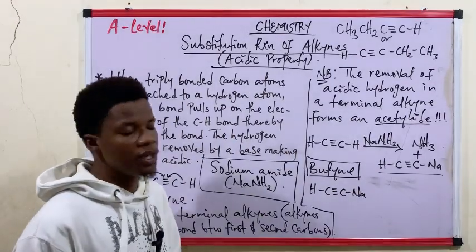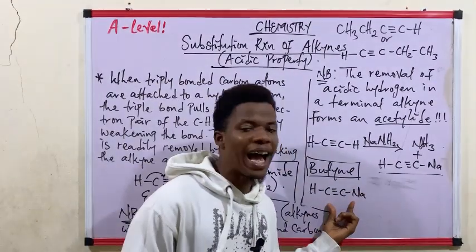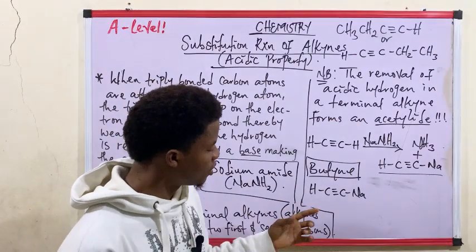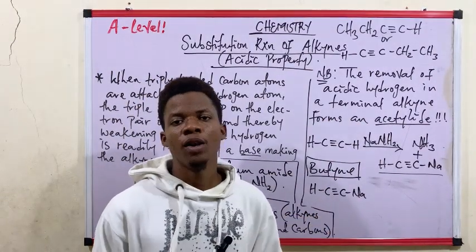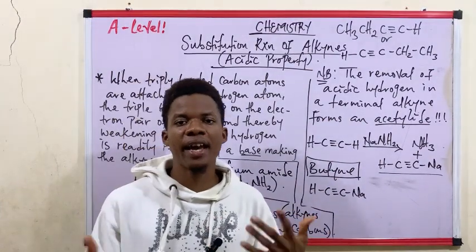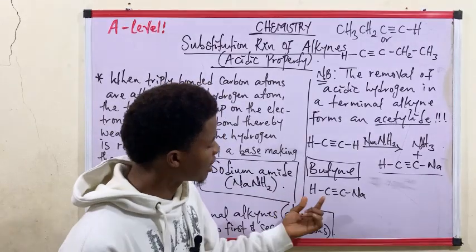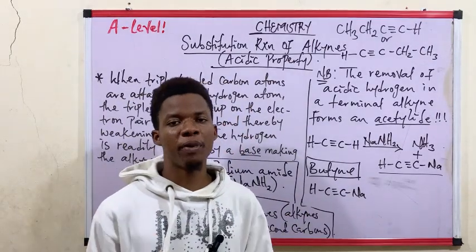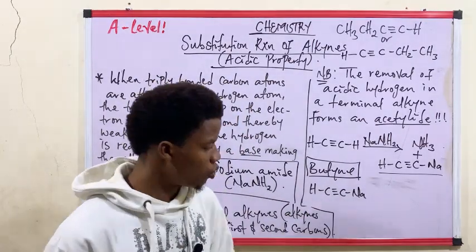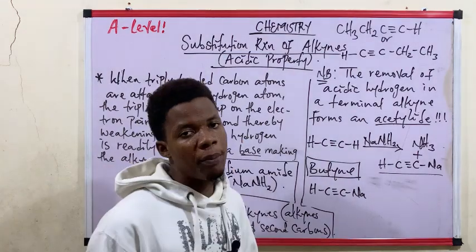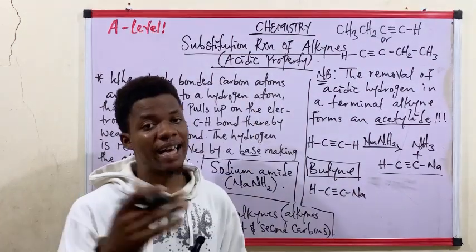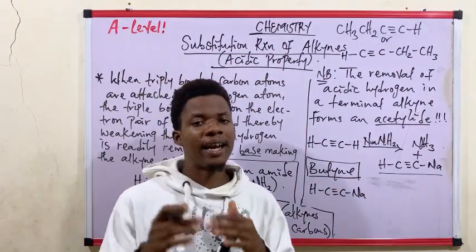Now all we simply need to do is to react our acetylide with an appropriate alkyl halide. What do I mean by appropriate alkyl halide? Since you want to form butane, an alkyl halide means an alkyl group attached to a halogen, any halogen.